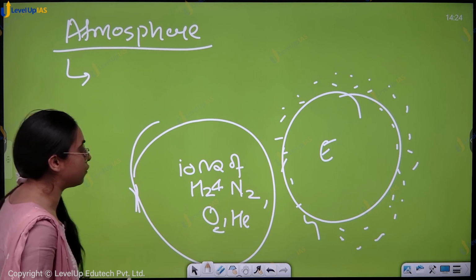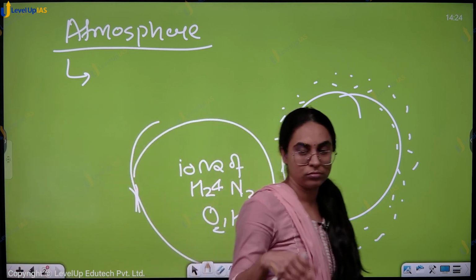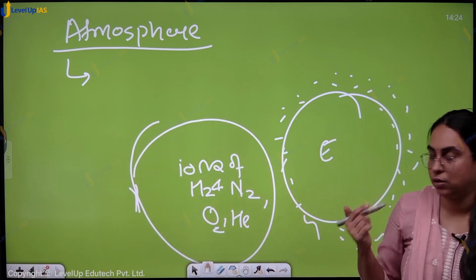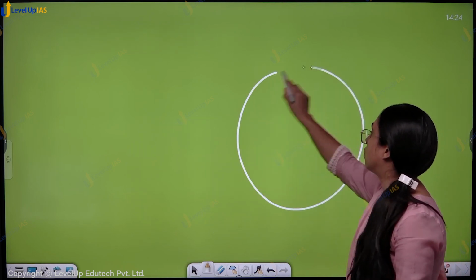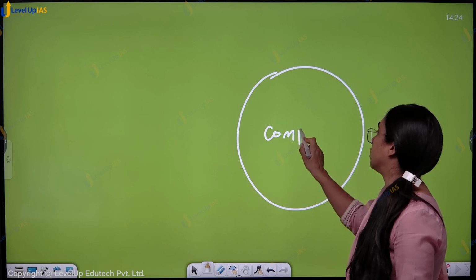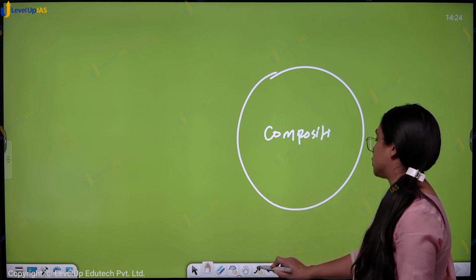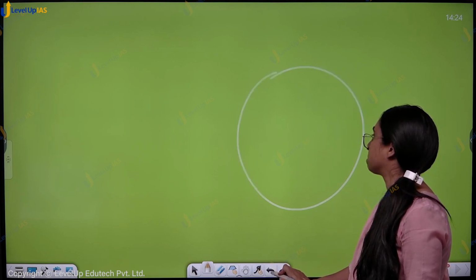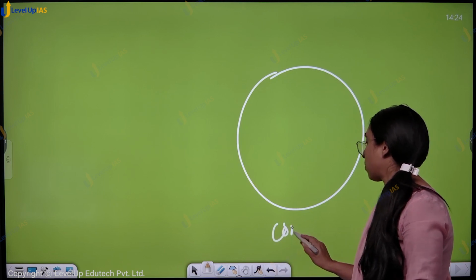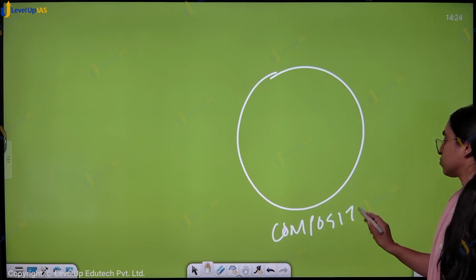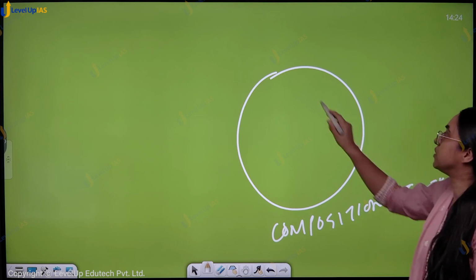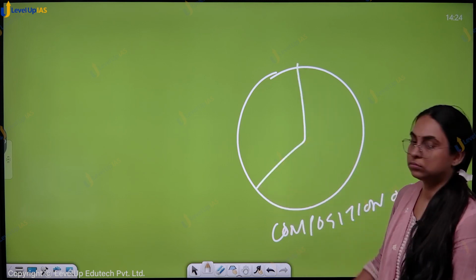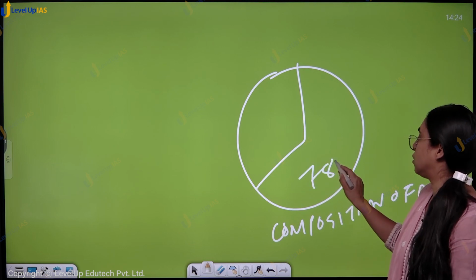What is the composition of atmosphere? I know you know it. Nitrogen, how much percentage? 78%.